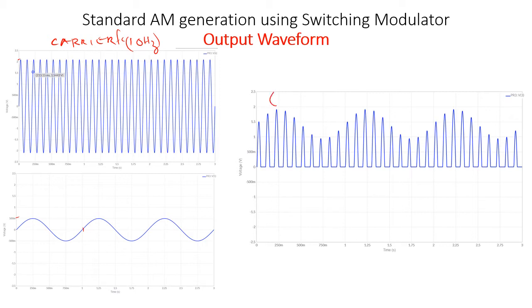So in practice this output will be M of t plus C of t minus the cut-in voltage of the diode, right? So maybe this is the output. So you can see this is the envelope, right? So the envelope or amplitude of the carrier is varying exactly in accordance with the message.